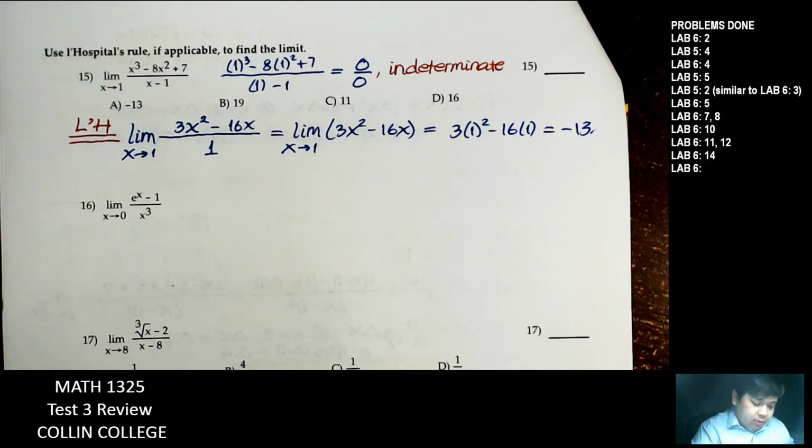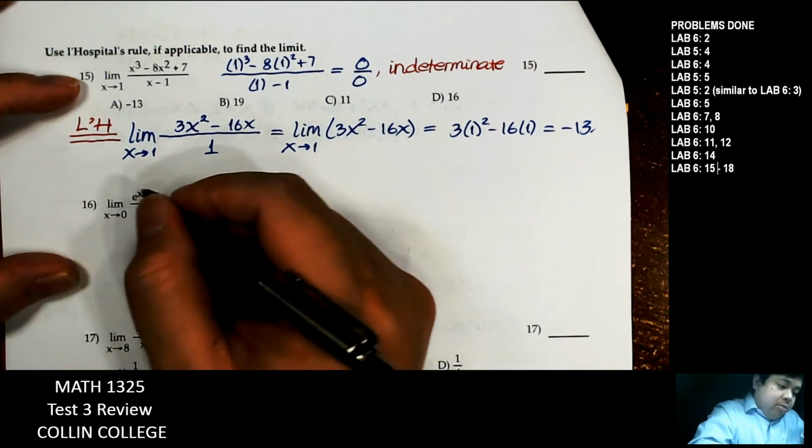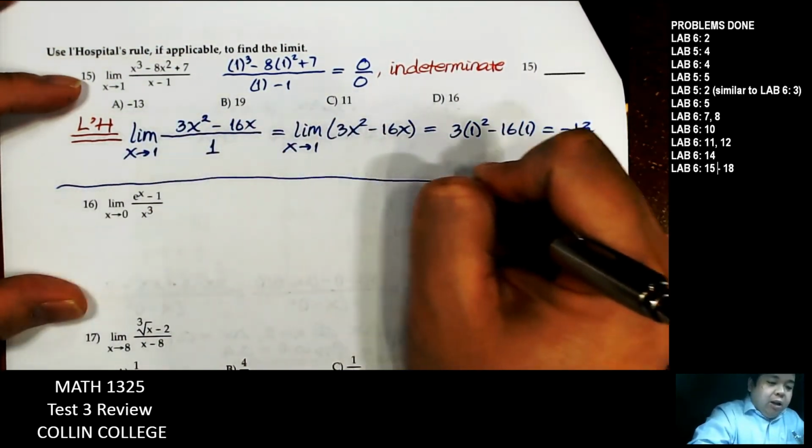Right, the derivative is 3x squared minus 16x over 1. Now that one, obviously, we're going to put 1 in there, and there should be no problem, because we just have 3x squared minus 16x. When we put 1 in it, it will be negative 13. Right.